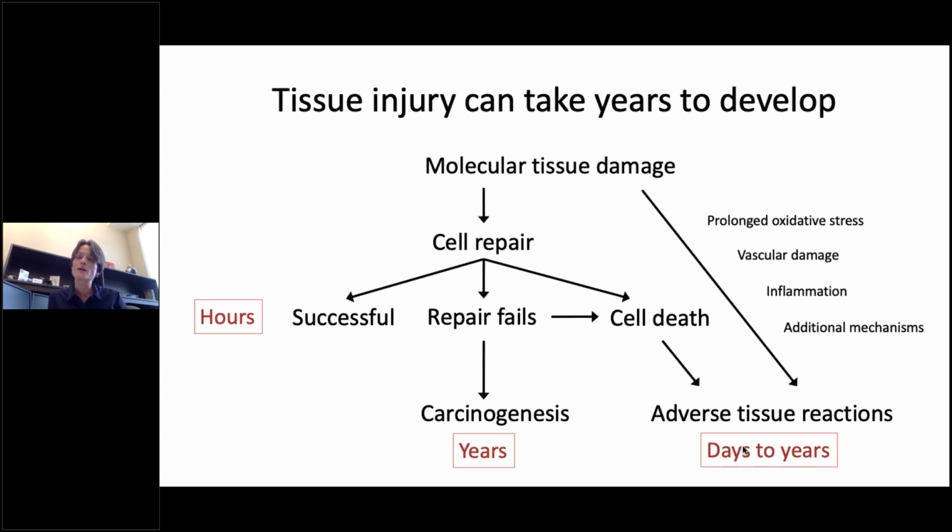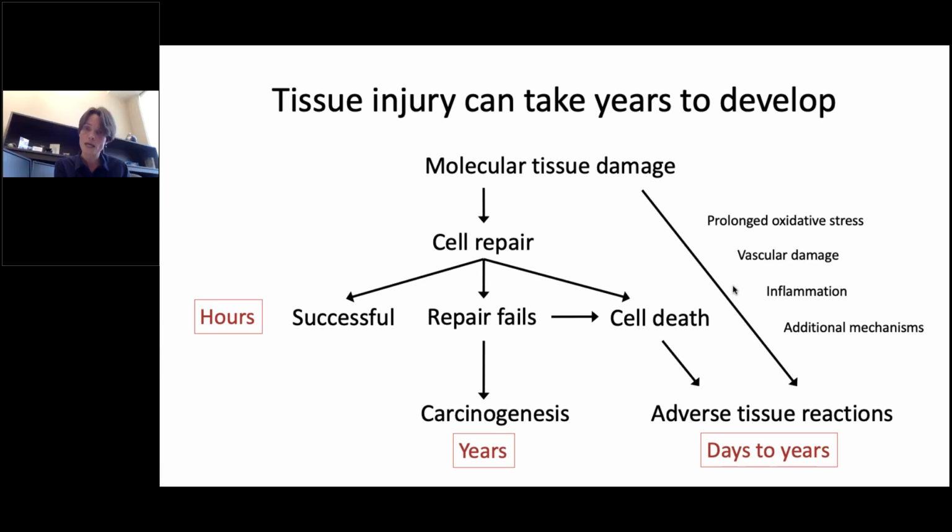There are several biological mechanisms in our cells and tissues that will progress right from the first molecular tissue damage, and they will cause or contribute to those adverse tissue reactions. Here you just see a few examples.